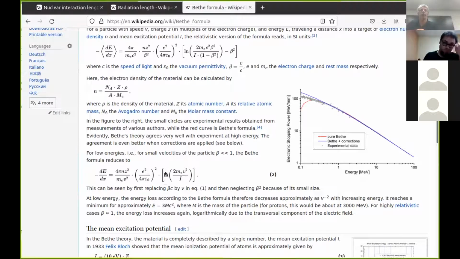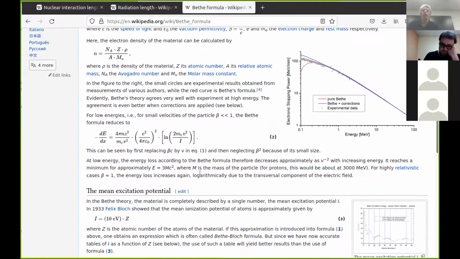I could derive this, but I don't think I have the time to derive it. It's not hard to derive it, just from Coulomb interaction in a cloud of electrons. But it's an equation that, if I know just the average ionization potential, the chemical potential of the material, I can calculate how much energy the particle loses.